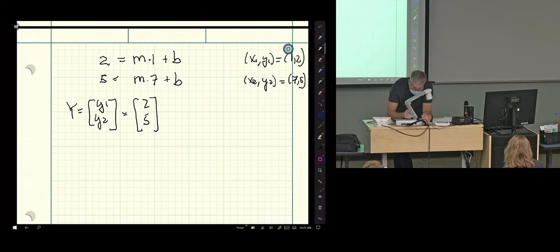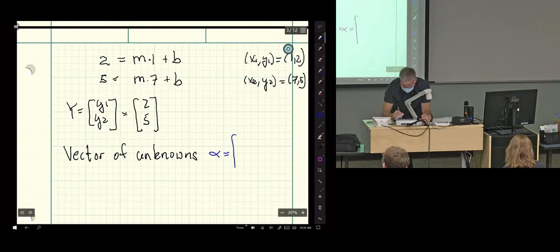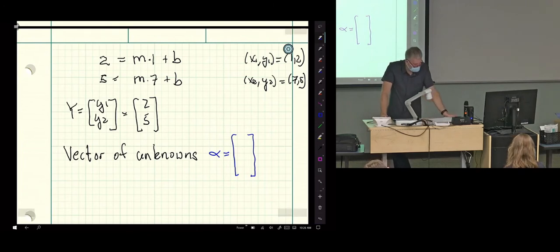Now I'm going to define the vector of unknowns. I'm going to set us up for a later chapter, and I'm going to use the Greek letter alpha, which is A in the Greek alphabet. Now I have 2 unknowns, m and b. What order do you want to put them in?